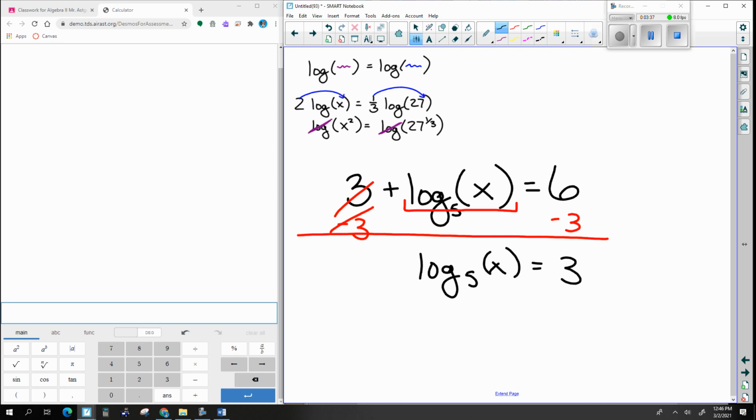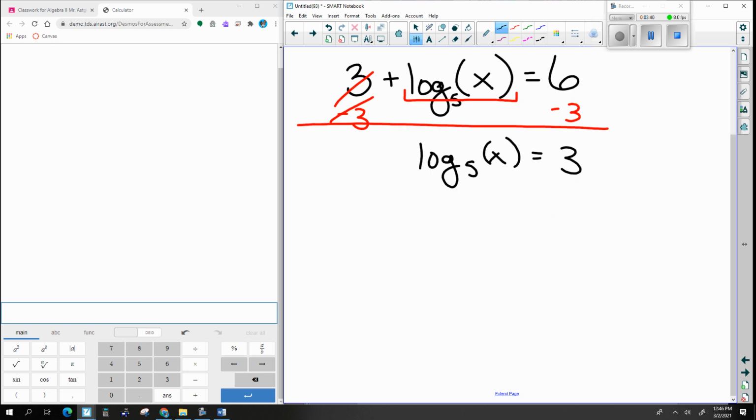So when you only have one log in the entire problem, get it alone, and then you're able to rewrite it. The base is the base, this is 5, and then everything switches sides.